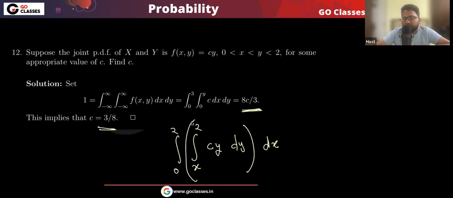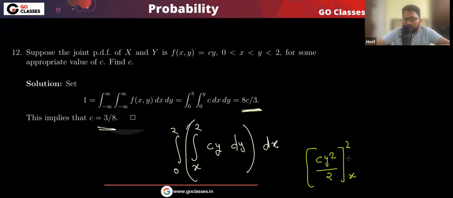Once you integrate with respect to y, don't put it 0 to y, because you have already taken care of this. So now what will be this? This c into y with respect to y will be cy square by 2, right? And then it will be from x to 2.